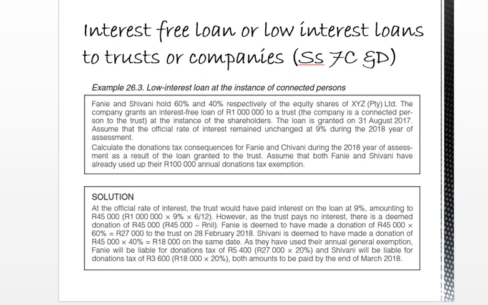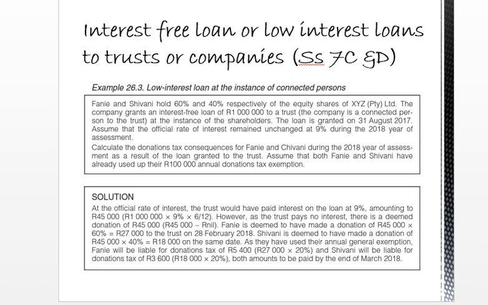But because both of them used up the 100,000 rand exemption, on this 27,000 and 18,000 we just need to calculate the donation tax at 20%. So Fani has a donation tax liability of 5,400 rand, whereas Shivani has a donation tax liability of 3,600 rand, which they need to pay by the end of March 2018.